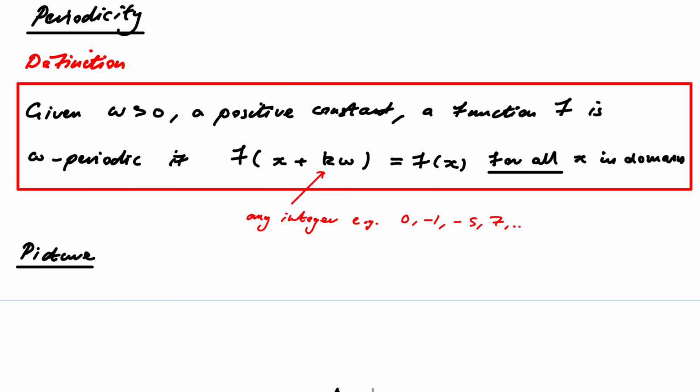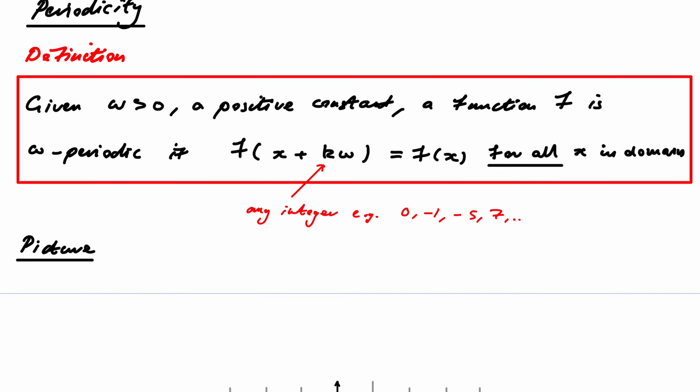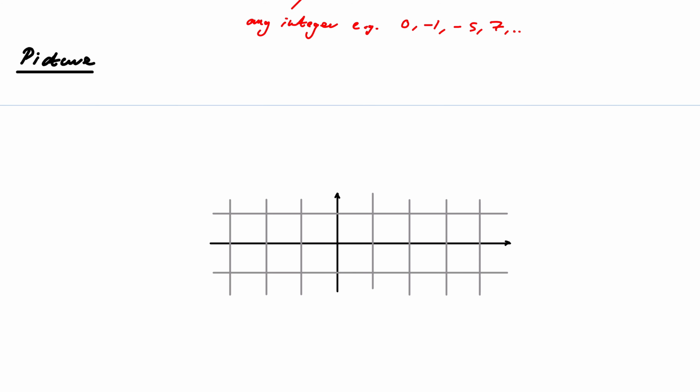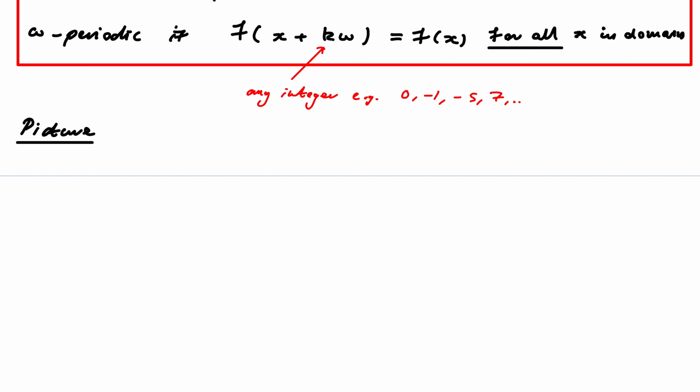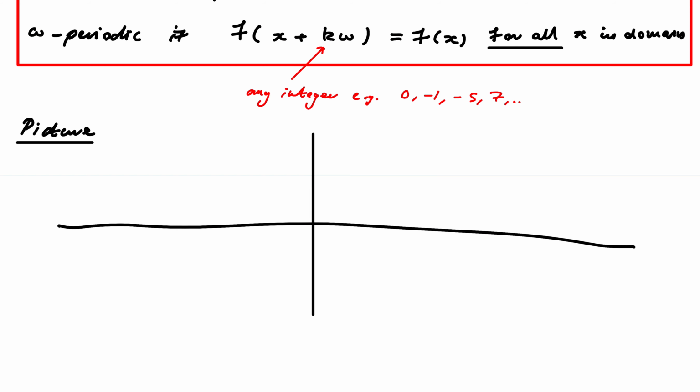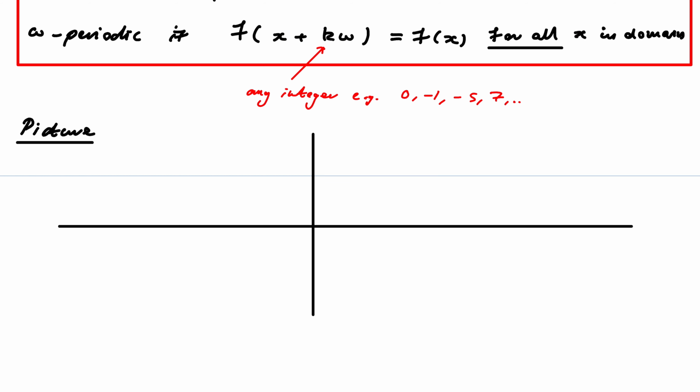So, a picture. Let's move this out of the way because I think we may need it in a bit. Right, so let me imagine I have a graph. We'll do x, we'll do y.